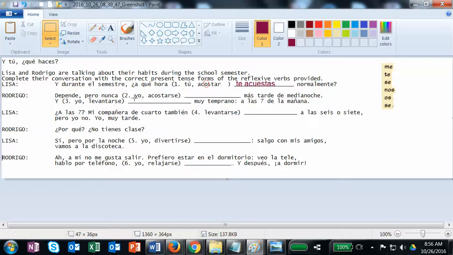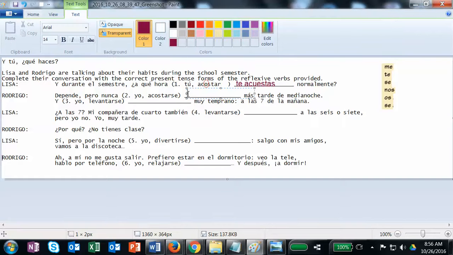"Depende, pero nunca acostarse más tarde de medianoche." So again, it's for yo, so my acostar has that O to UE. Acuest, for yo, it would be an O, and then the reflexive pronoun that would match acuesto is me. And I'm putting it in front because I don't have an infinitive in this sentence anymore.